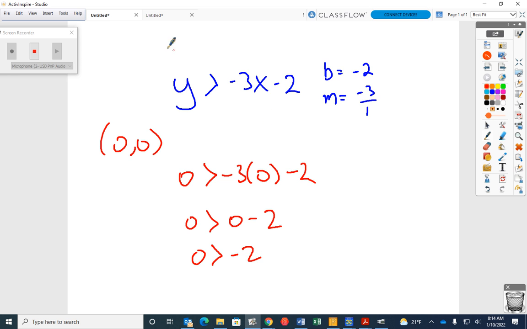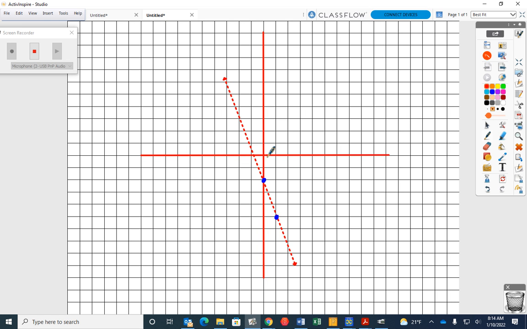Because that's true, which side should I shade? The side that contains the test point. So I'm going to shade this side.